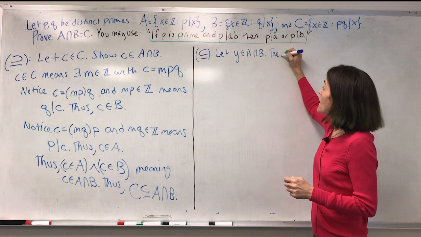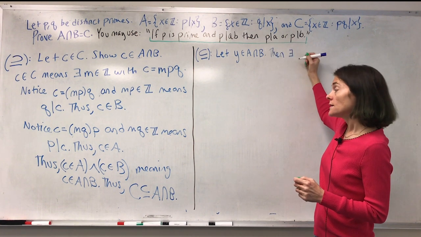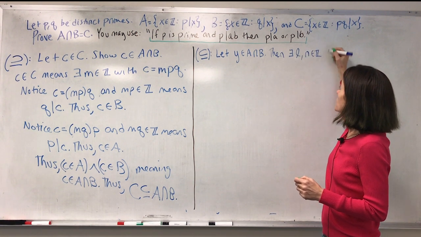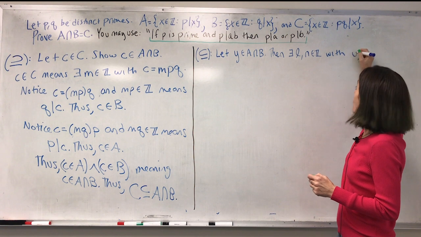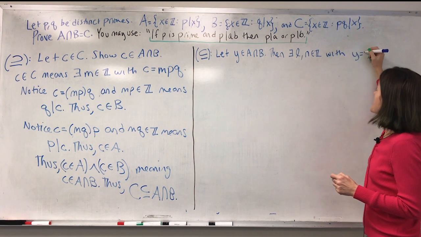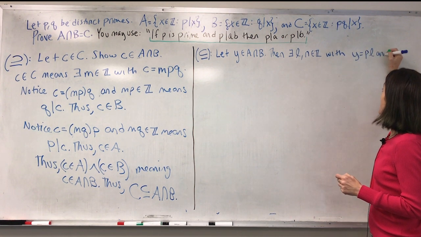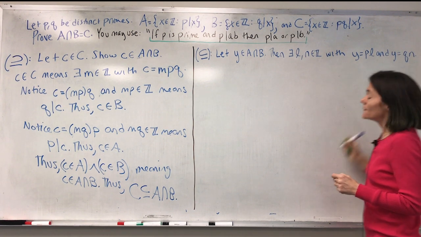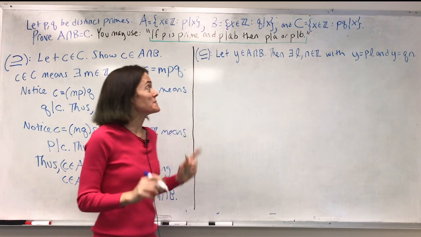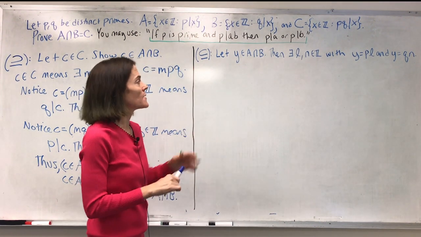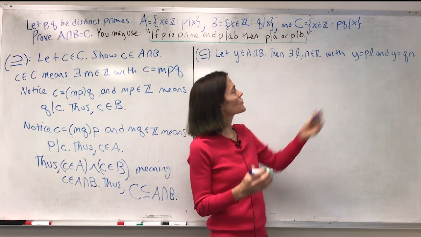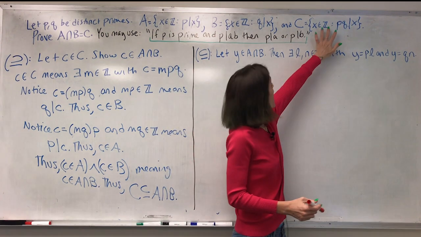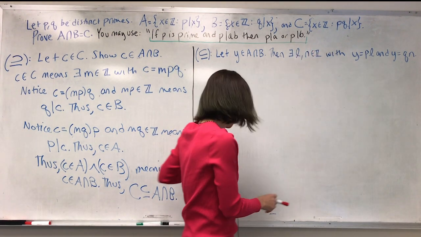So then there exists, let's say, l and n integers with y equals pl and y equals qn. Okay? That's what it means to be in both A and in B. We have y written these two different ways. Now, if you think about it, what do I need here? I want to show y is in C.